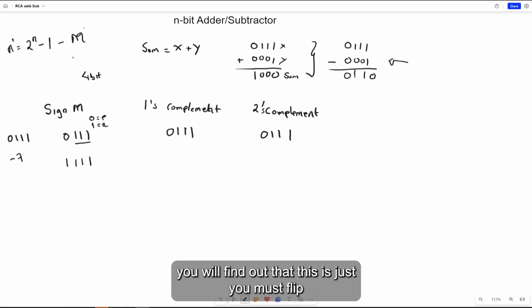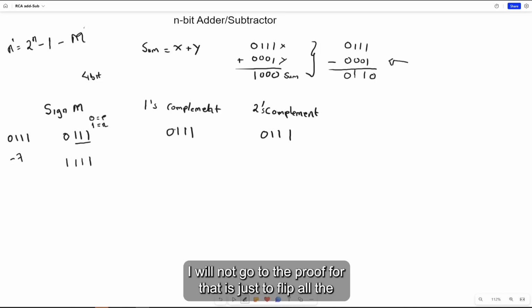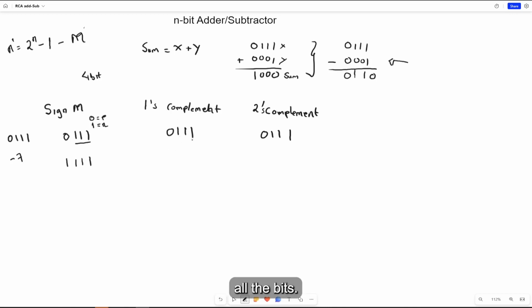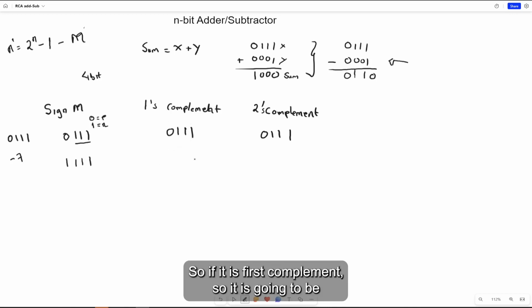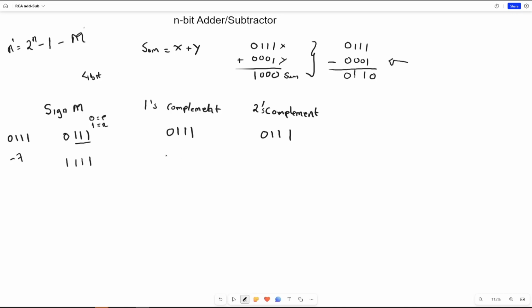Generally you will find this is just flipping all the bits, and I'll not go into the proof of that. So the first complement is 1 0 0 0.